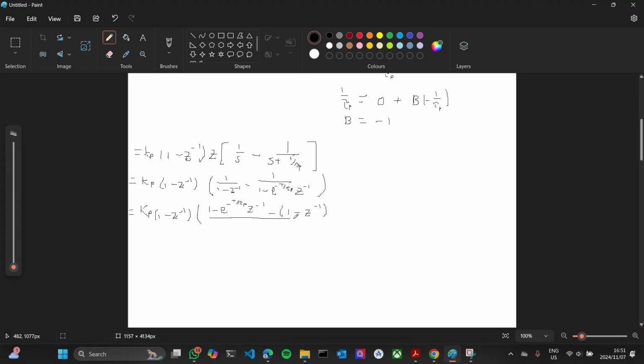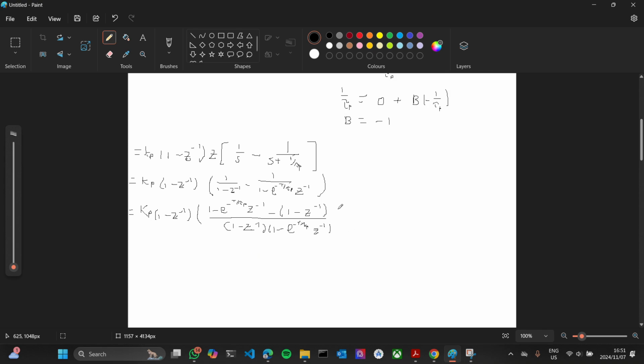Right, that's all over this product here, (1 minus z to the negative 1) times (1 minus e to the negative T over tau p z to the negative 1).